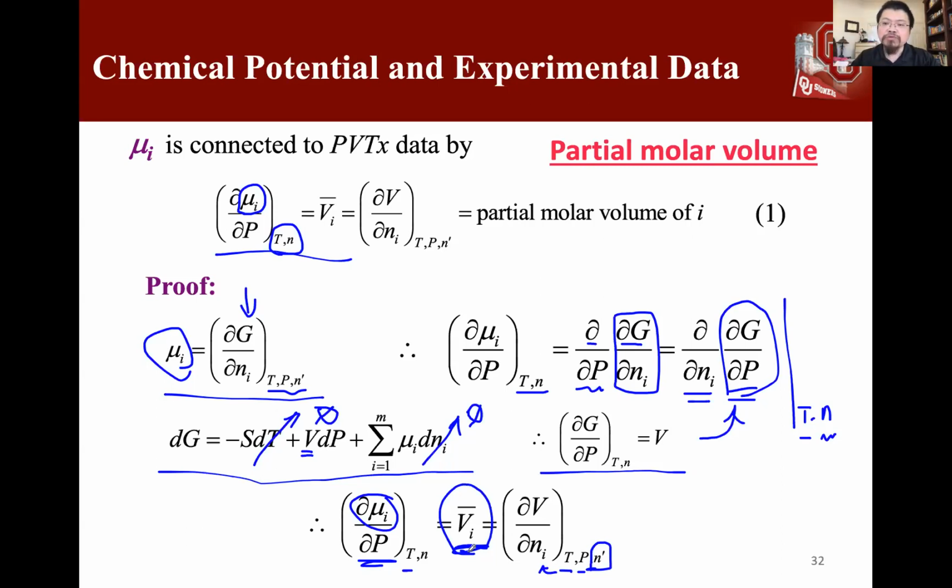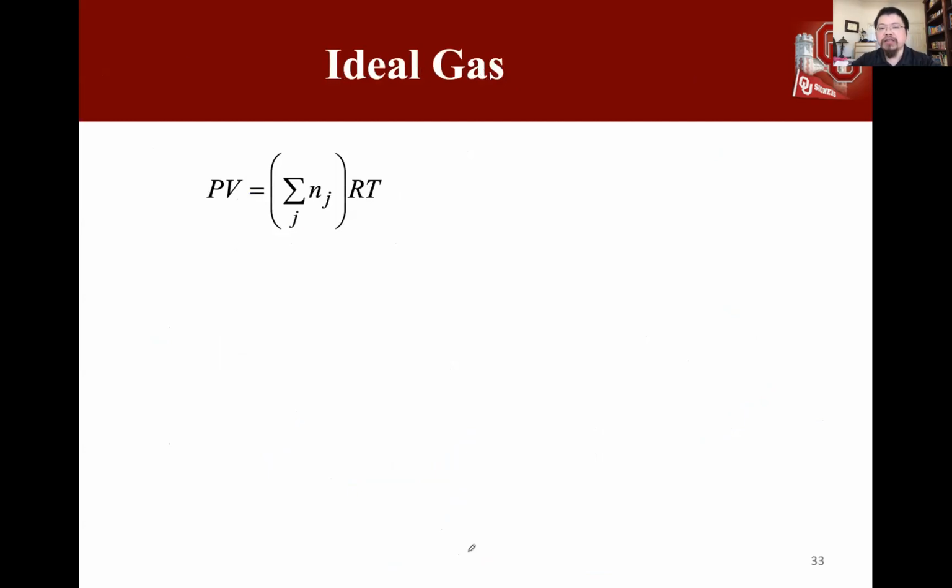The next is let's do some demonstration on simplified systems. Of course, the simplest system is the ideal gas, right? Remember that when we introduced chemical potential, that is for all the components in all the phases, gas phase included.